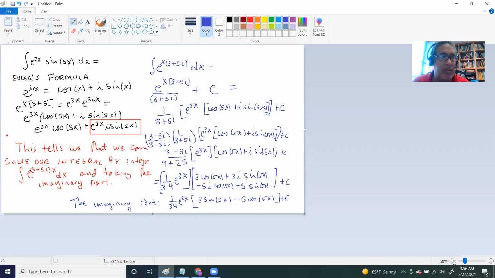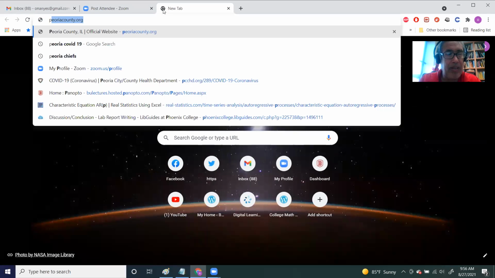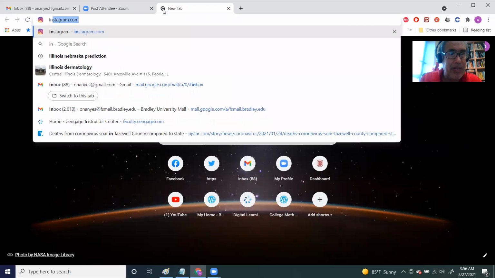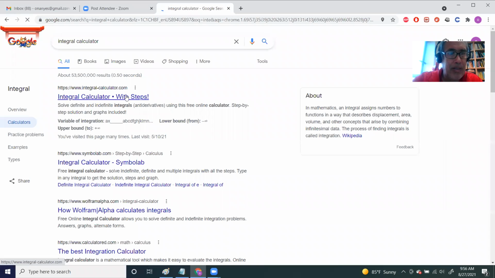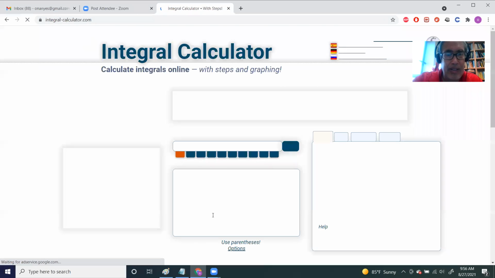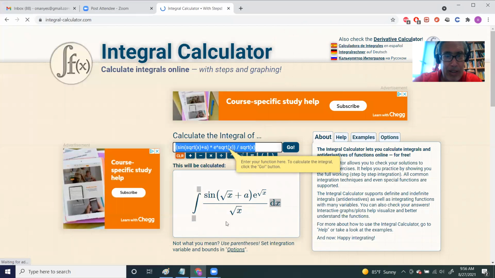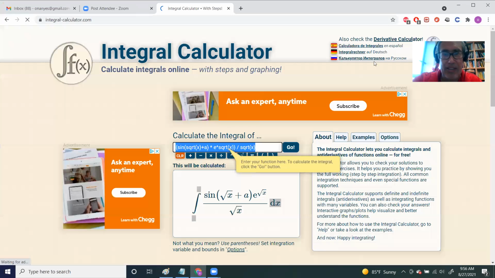E to the 3x times sine of 5x. Now, in case you're somewhat skeptical, let's just go ahead and do an online integrator. Let's just remember what our thing was. That's not what I wanted. Paint e to 3x sine 5x.